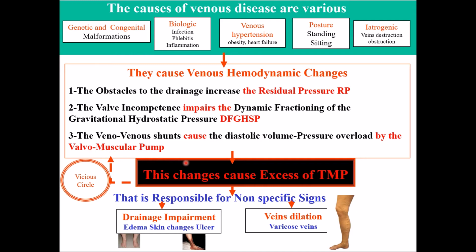These changes cause an excess of transmural pressure, which is responsible for edema, skin changes, and ulcer due to drainage impairment, and varicose veins due to vein dilation.